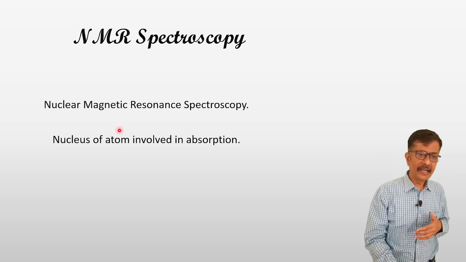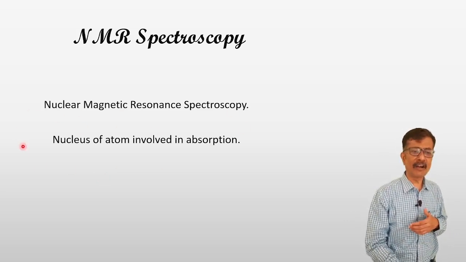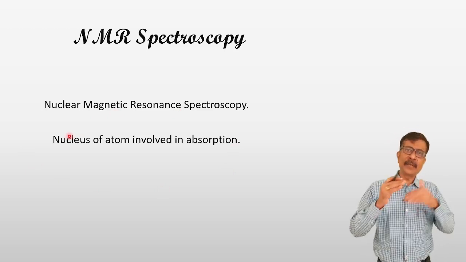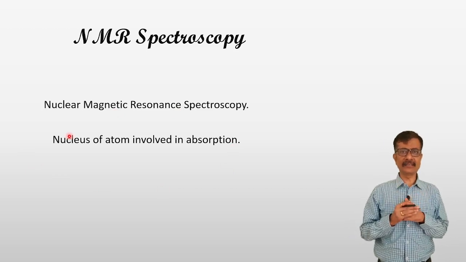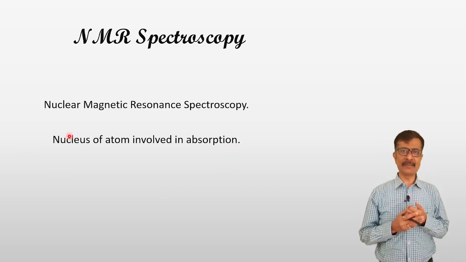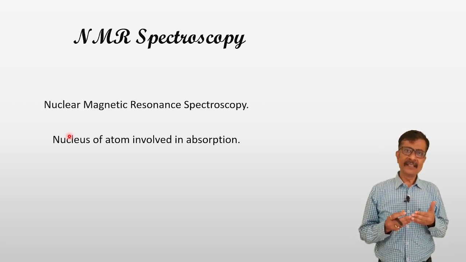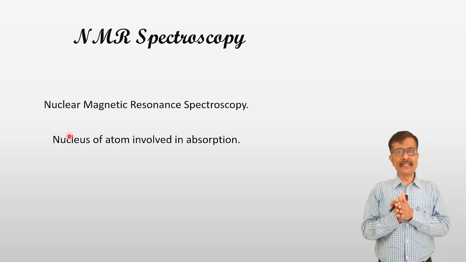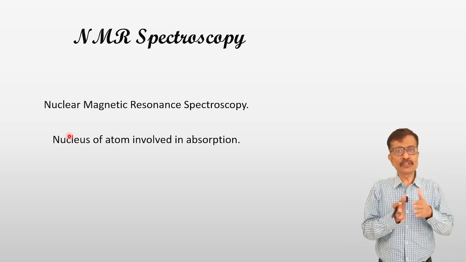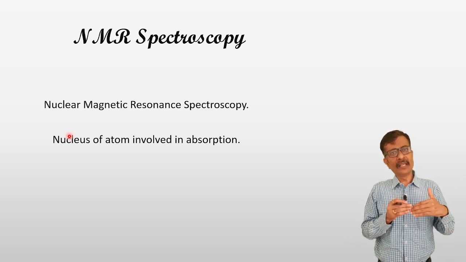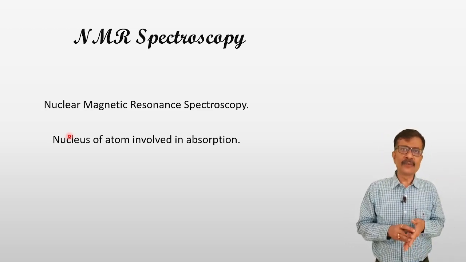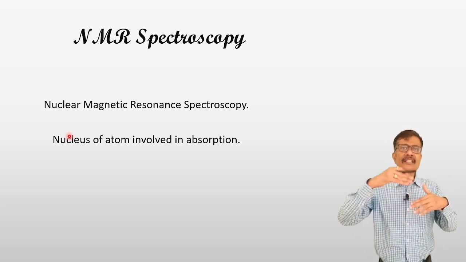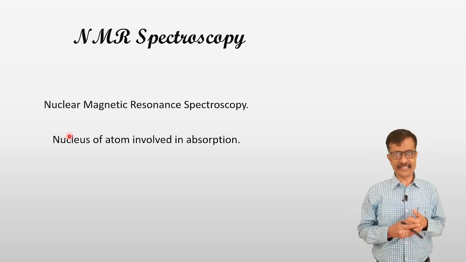So here it needs application of a strong magnetic field so that it can split the energy levels of the nucleus based upon their spin quantum number. If the nucleus is kept in a strong magnetic field and exposed to radio waves, that nucleus at a particular point of applied magnetic field absorbs radio waves and shifts to the higher energy state.